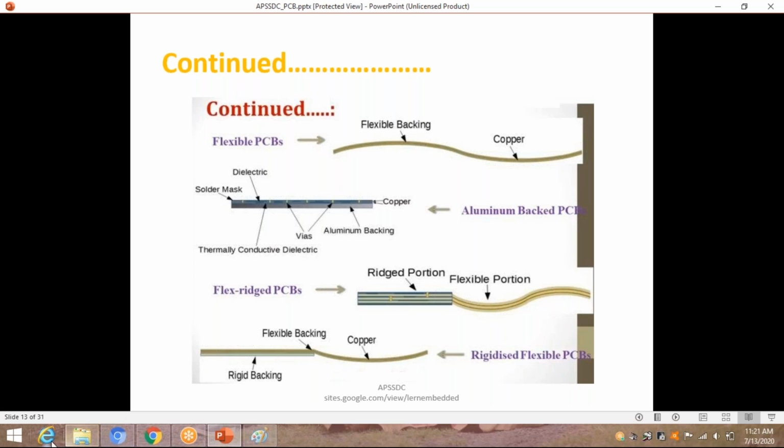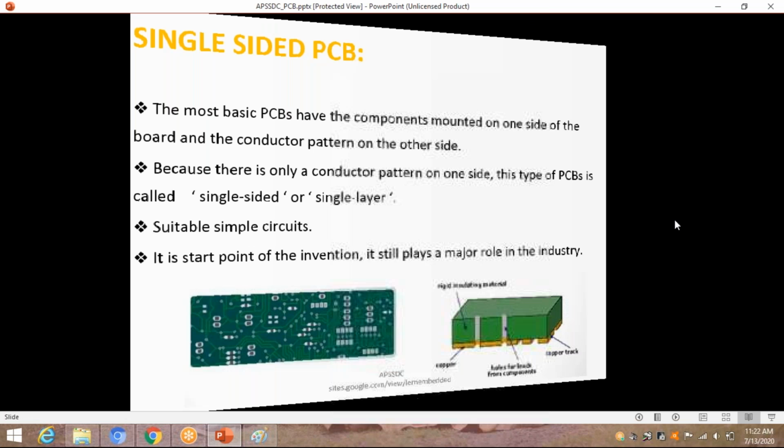Rigidized flexible PCBs are the same as rigid flex PCBs. In fact, we will be having a rigid backing to the rigidized flexible PCBs. Is the slide clear, guys? I'm moving to the next one.